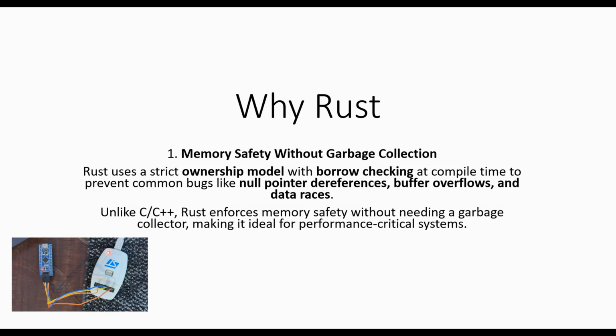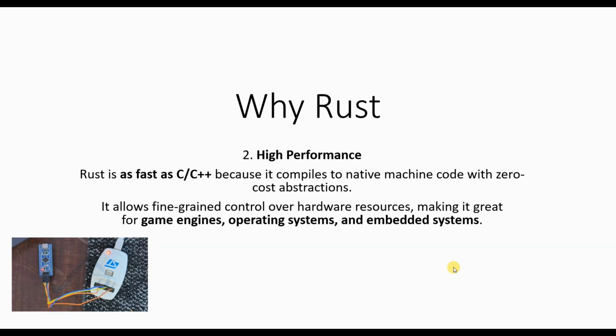So unlike C and C++, Rust enforces memory safety without needing a garbage collector, making it ideal for performance critical applications. Rust is high performance. Rust is as fast as C and C++ because it compiles to native machine code with zero-cost abstractions.